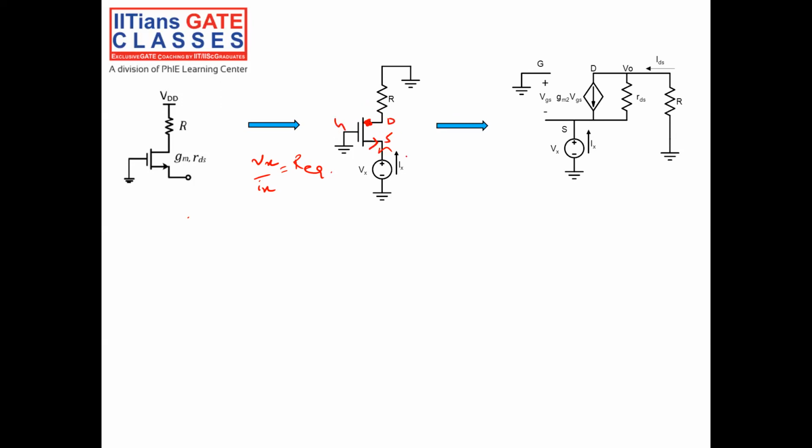Between gate and source, I have VGS. Source to ground, I am applying a Vx. And the current will flow from drain to source, gm into VGS. And the output resistance is RDS. And I have a resistance R from drain to ground. So in this circuit, I have to find out Vx by Ix. If I can find that out, then I can know the resistance looking from the source.